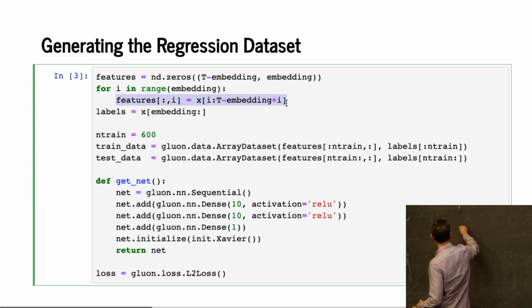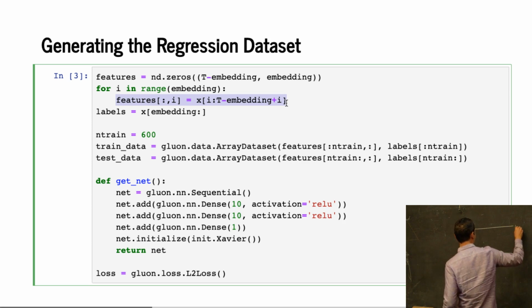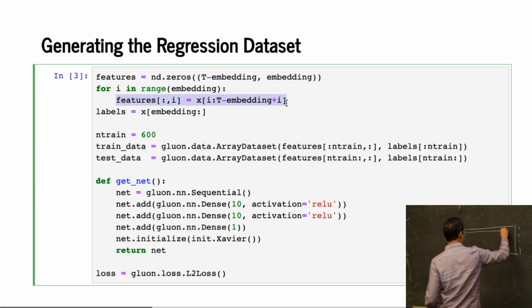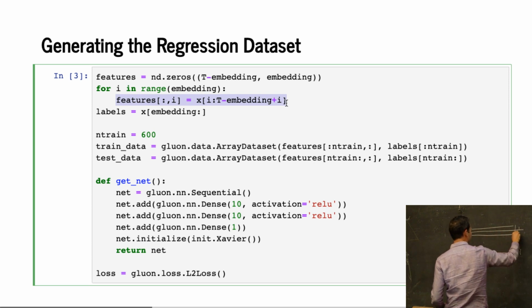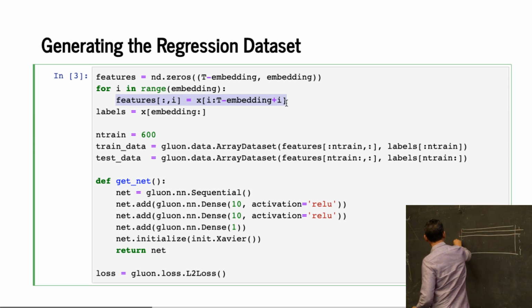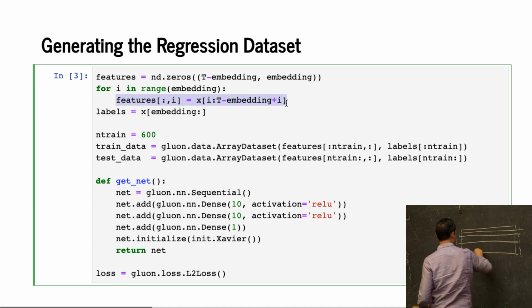But if you think about it, right, here's my vector. This is embedding dimension 1, 2, 3, 4. I'm going to take this vector here, and I'm going to shift it by 1. I'm going to shift it by 2. Shift one more. I'll shift it by 1, 2, 3, 4.